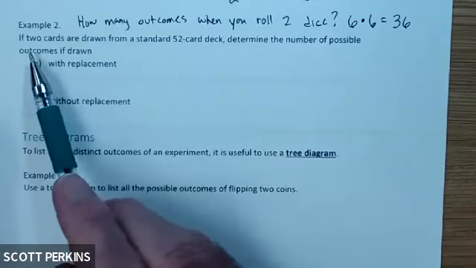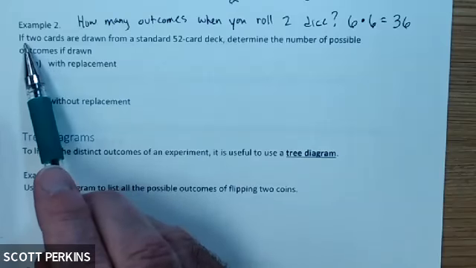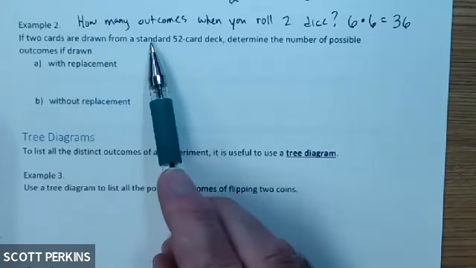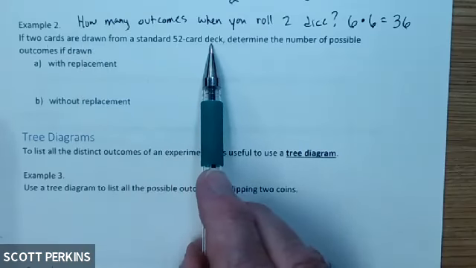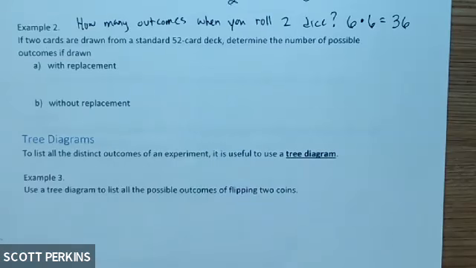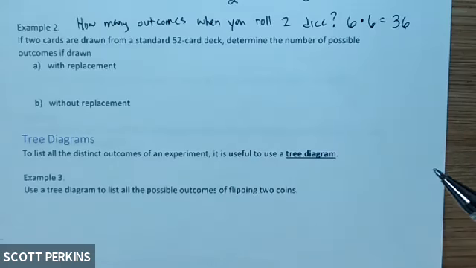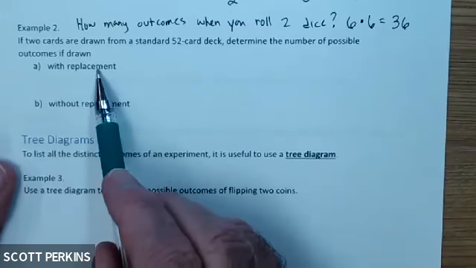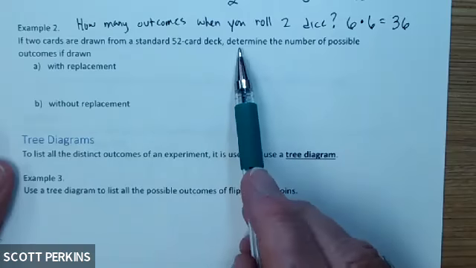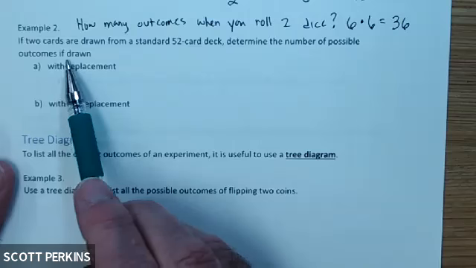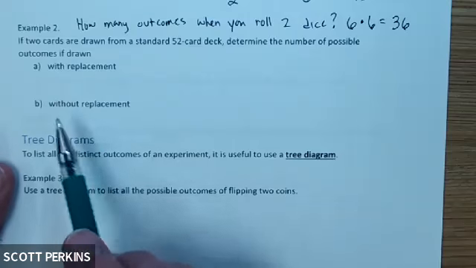The situation here in example 2 is 2 cards are drawn from a standard 52 card deck. Okay, so you're out somewhere, somebody holds a deck of cards in your face and says, pick a card, and you pull one out. And then we're going to do this experiment 2 ways. What we do with that first card affects the probability of the next thing that happens. So we're going to do this with replacement and without replacement, and determine the number of possible outcomes if I draw these 2 cards with replacement or without.